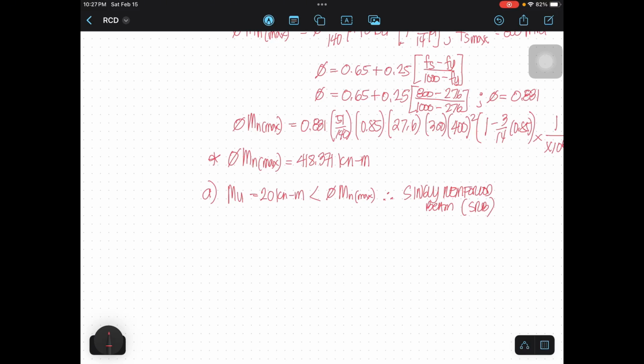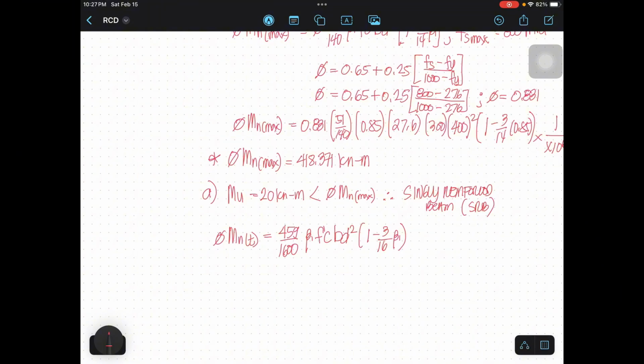Okay? So compute muna natin yung moment capacity under tension controlled, na meron tayong direct formula na 459 over 1,600 beta 1 factor f prime c bd squared quantity 1 minus 3 over 16 of the beta 1 factor.